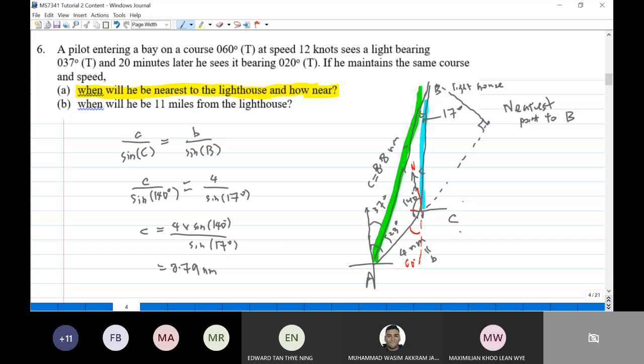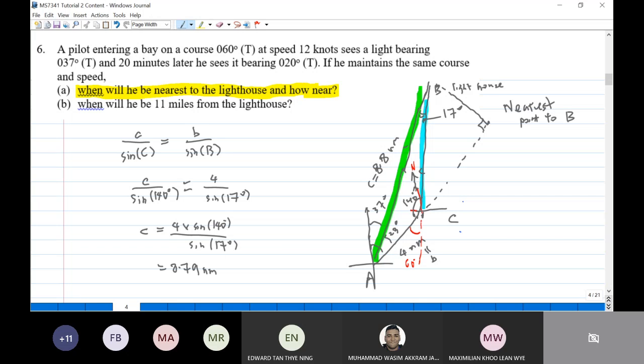So I need to find another one. What is CB now? Okay, what is CB? So can you use the cosine rule or sine rule? Because I know, yeah, I can find CB now, right? So you say cosine rule now.